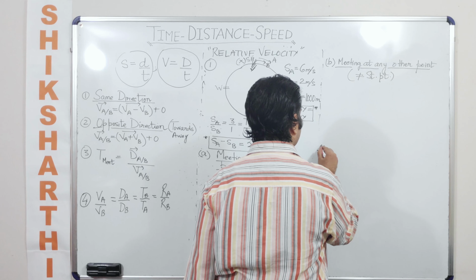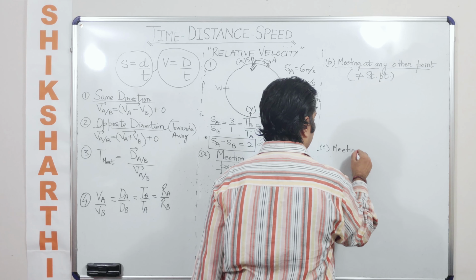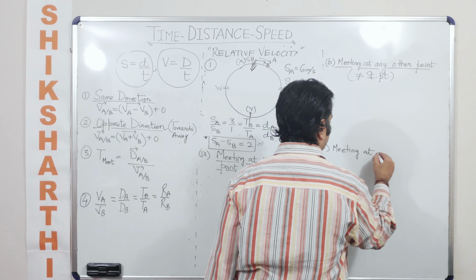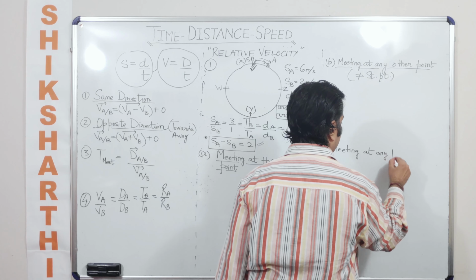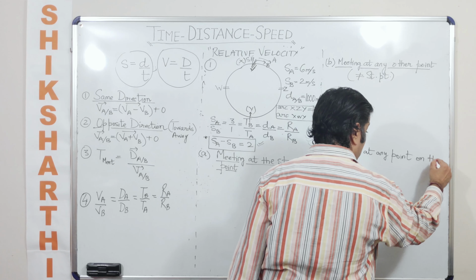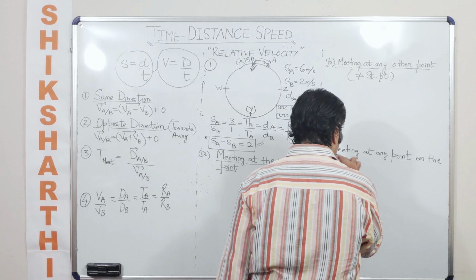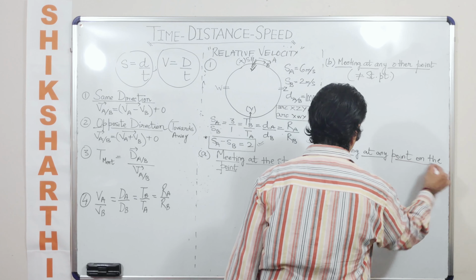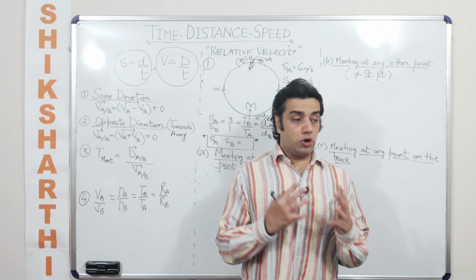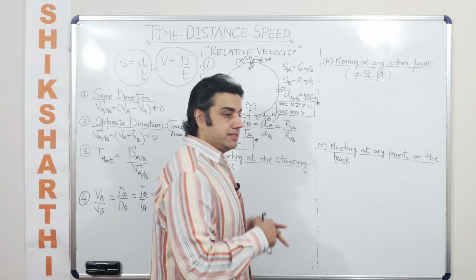So the third point that I'm bringing here is meeting at any point on the track. This is the most important part, because part A and part B are subsets of this discussion. So, talking about meeting at any point on the track, let's start with this.